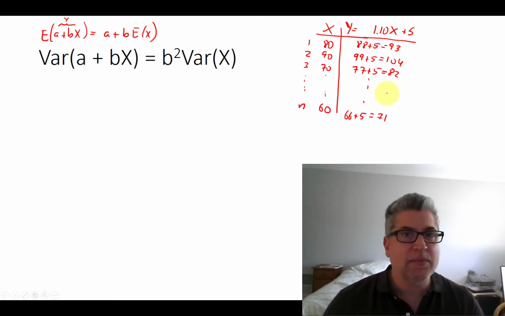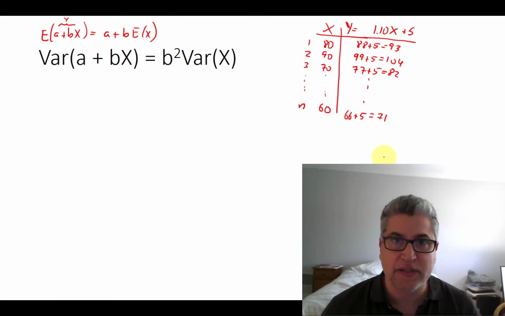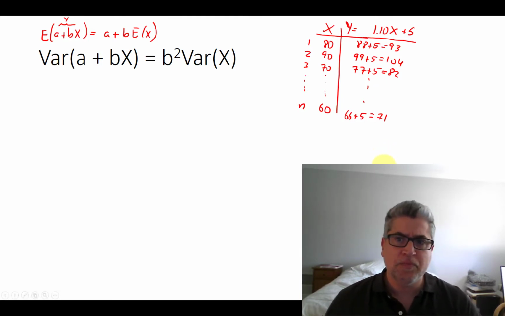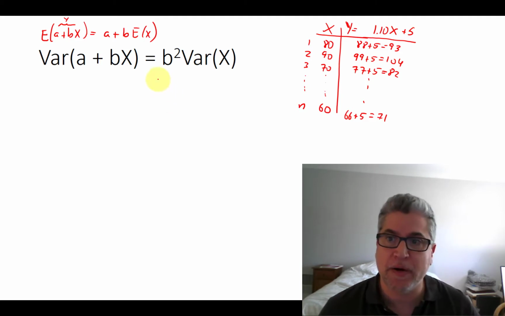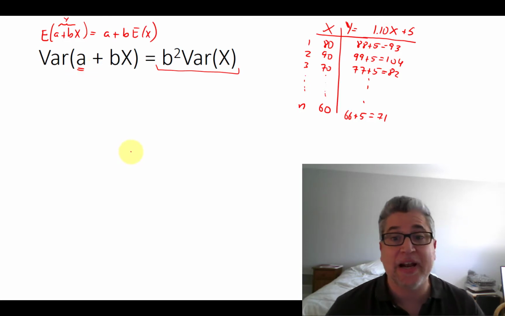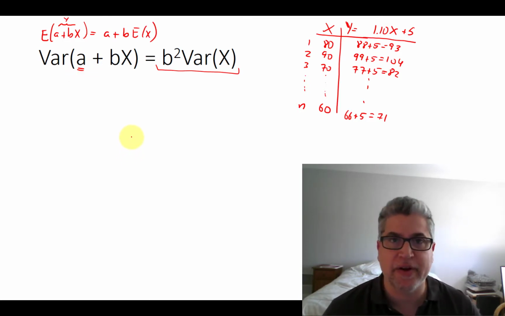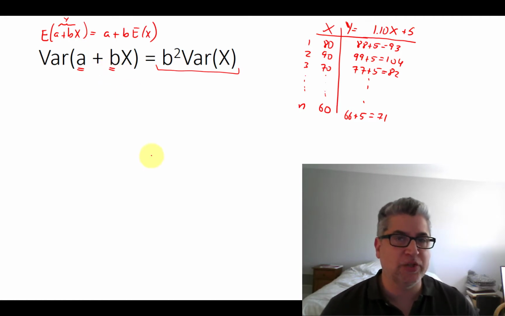But this new set of numbers also has a different variance. So what happens there? Turns out that's also really straightforward. We can essentially ignore any additive terms. Those have no effect on the variance whatsoever. But the scale at which we measure things, that's going to affect the variance. Let's see why.